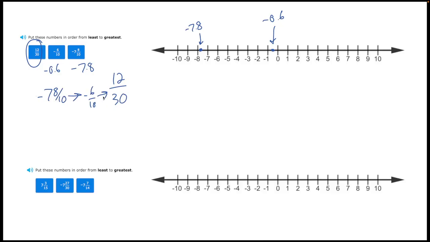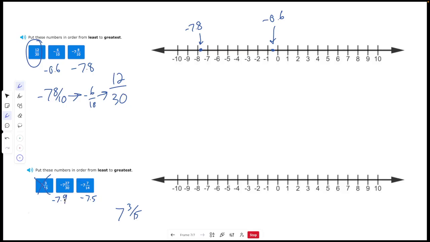For the second problem, the biggest number is 7 3/15, because it's a positive number. Done with that one. For the other two, this is, let's see, negative 7.5. And this is negative 7.9.